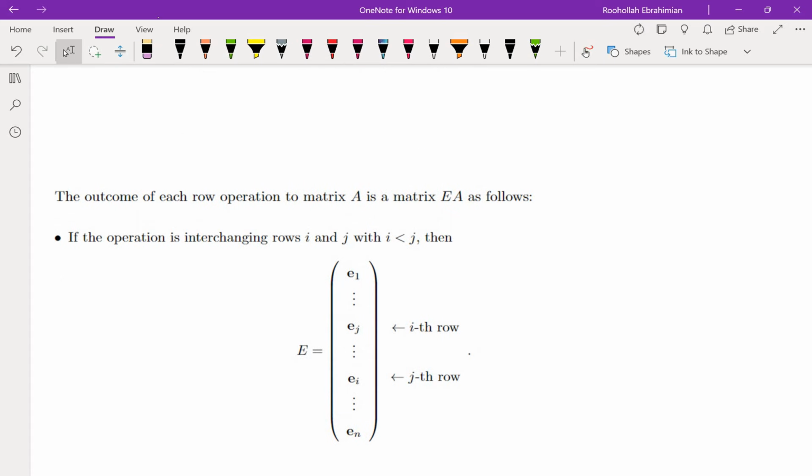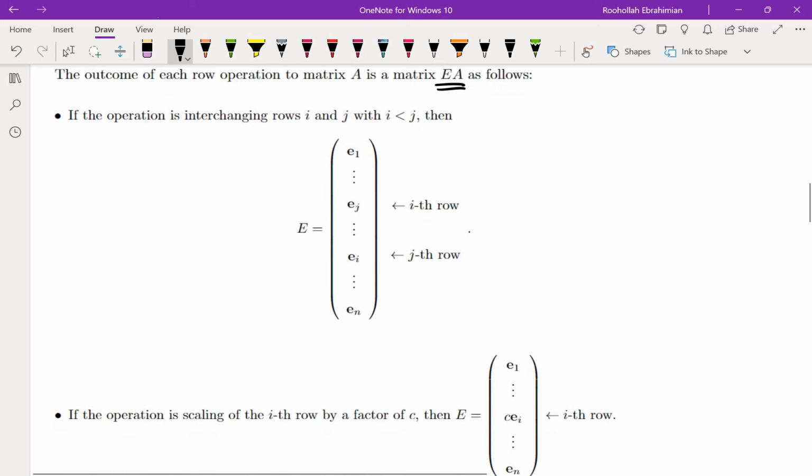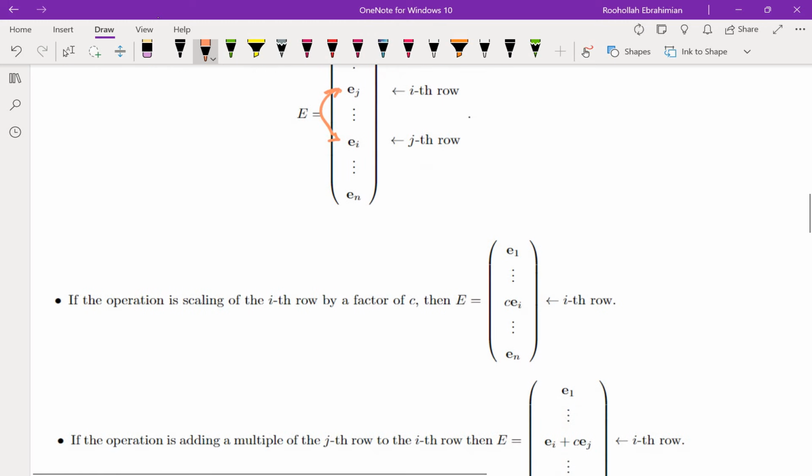The outcome of each row operation to a matrix A is a matrix E times A as follows. If the row operation is interchanging the ith and the jth rows, then your matrix E is of this form. This is identity, except that the ith and jth rows of the identity matrix are swapped.